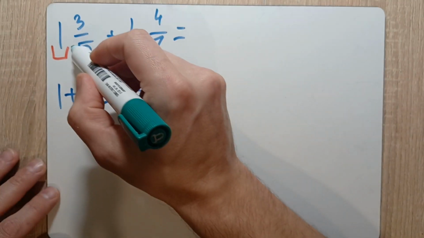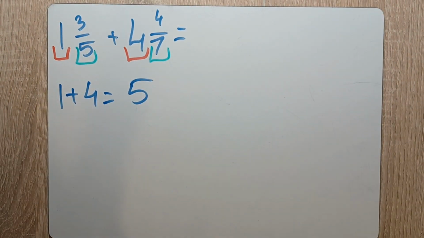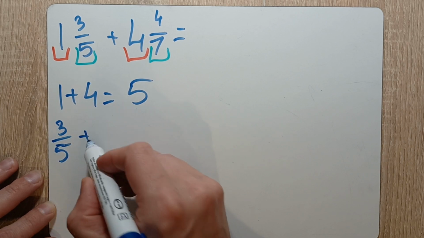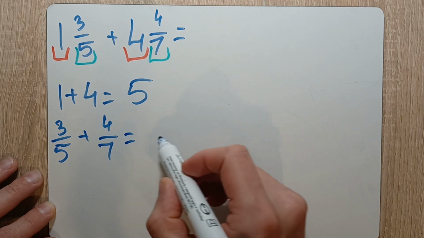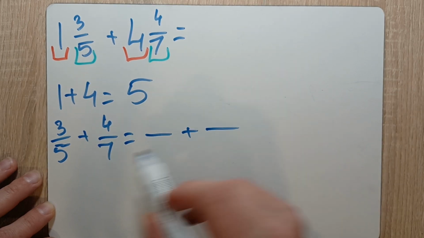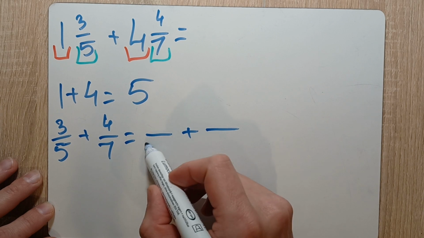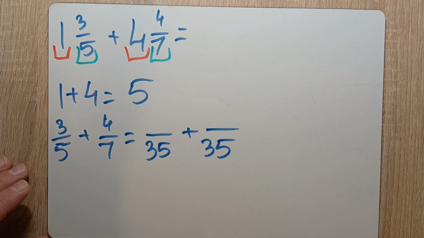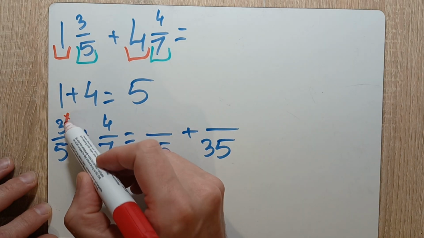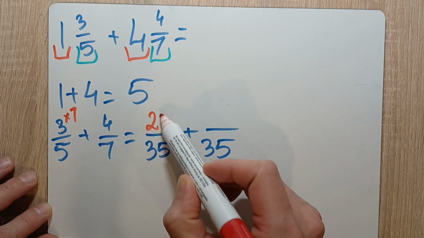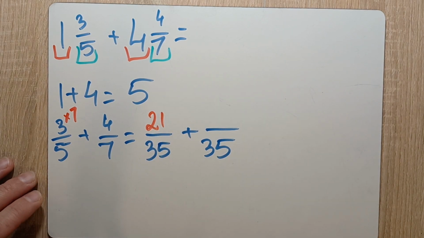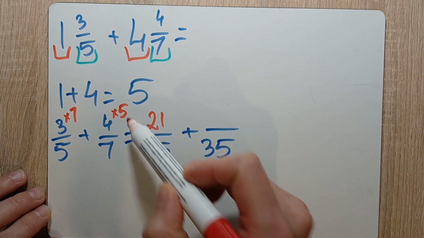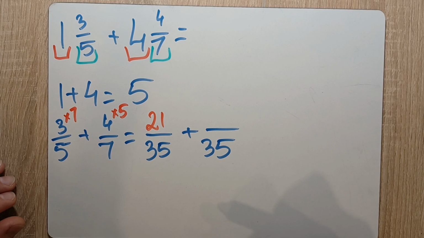Then let's move to fractions. 3/5 plus 4/7. 5 times 7 is 35, so let's make 35 as our common denominator. 5 times 7 to get 35, so 3 times 7 to get 21. Then 7 times 5, so 4 times 5 as well. 4 times 5 is 20.